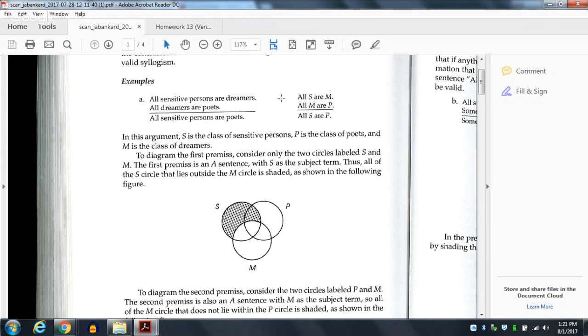So they've broken it down for you on the right here, right? All sensitive persons are dreamers. All dreamers are poets. All sensitive persons are poets. So you sort of have what they call a subject, S, a predicate, P, and a middle term, M. The way to diagram it is you want the subject and the predicate of the conclusion up top.